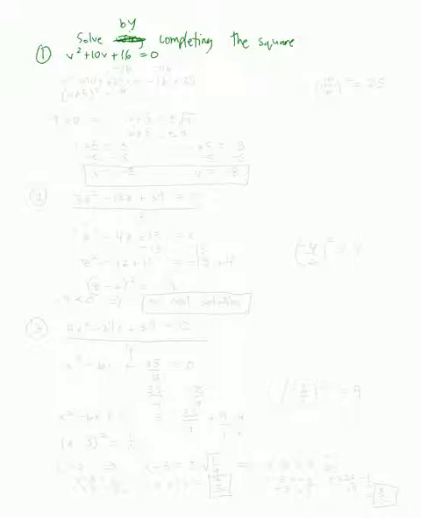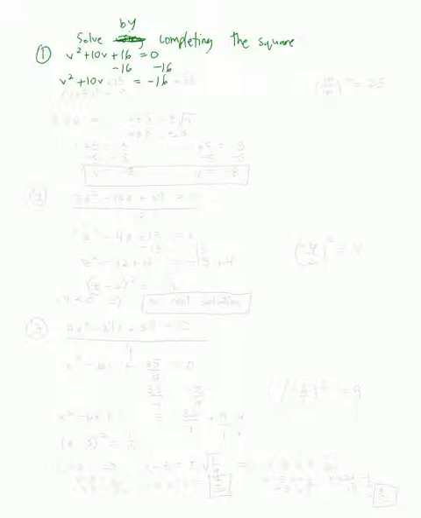So we're going to start off by dividing by a, but notice that there is no a in this problem, so we can skip to step 2. Step 2, we move all the variables to one side and the number to the other side. So I'm going to start by moving the 16 over. I get v squared plus 10v equals negative 16.